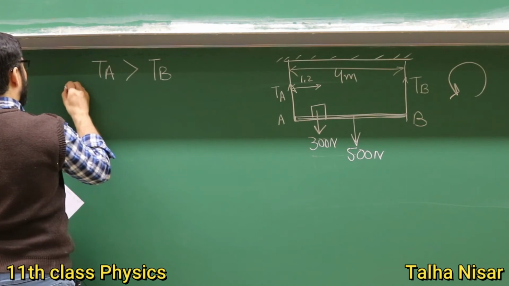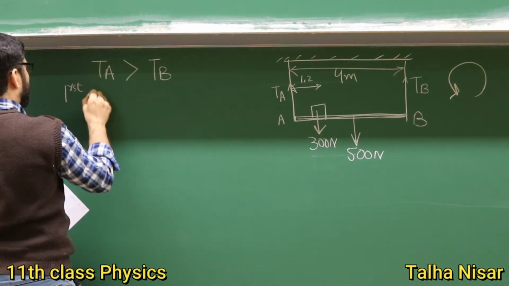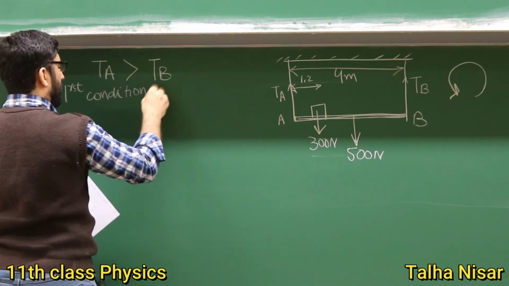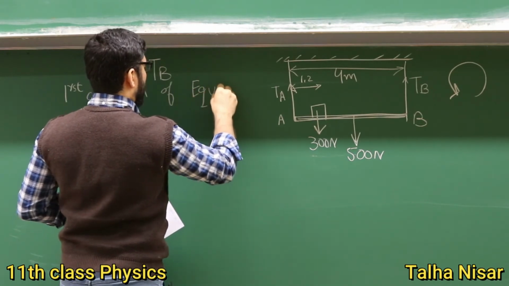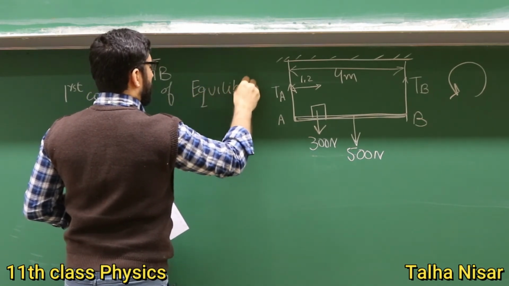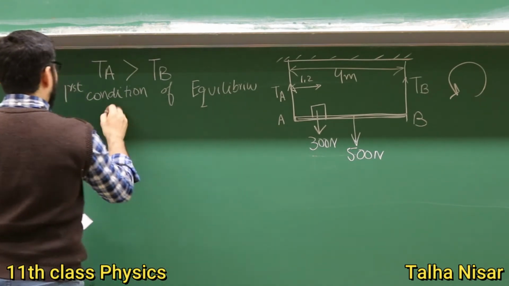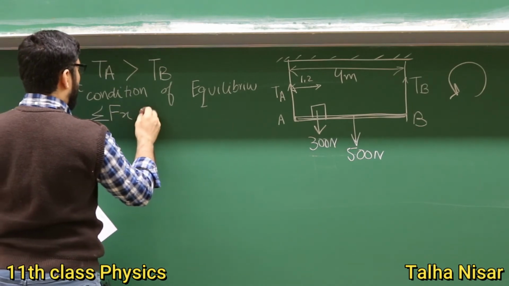So this is the first thing that we know. Right now we will use the first condition of equilibrium. The net force in the x direction we don't have to worry about.